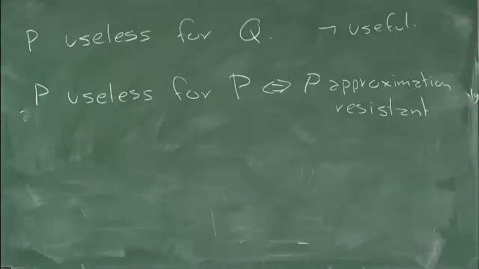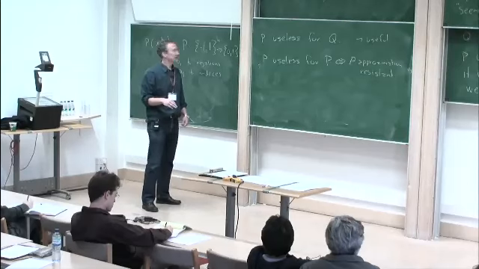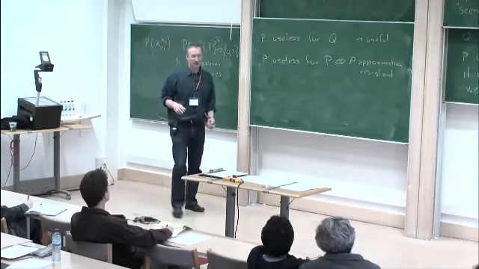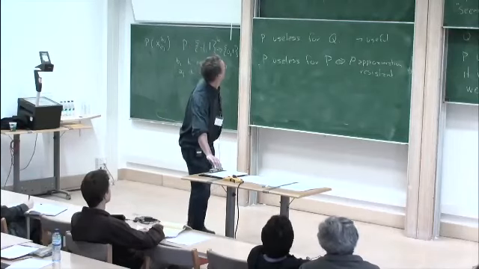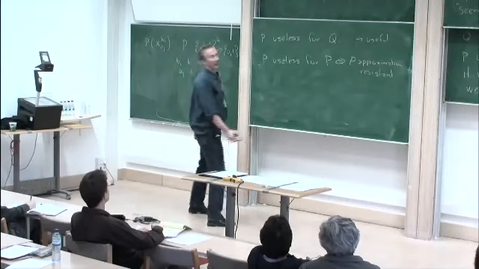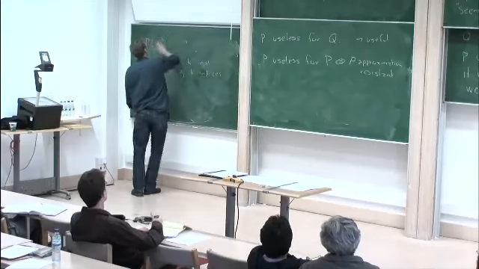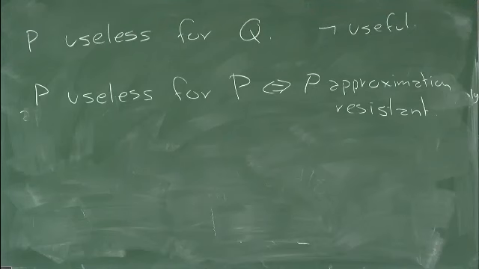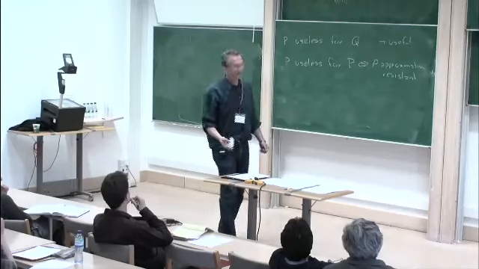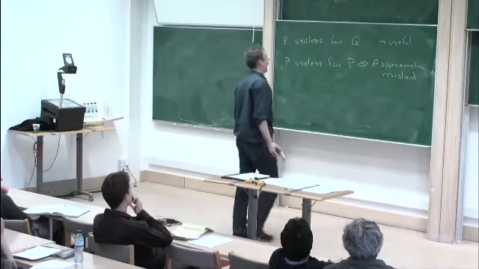Are you happy with the definition? So you say that there exists a polynomial time algorithm that finds. Want is not really want, it's more like there exists.